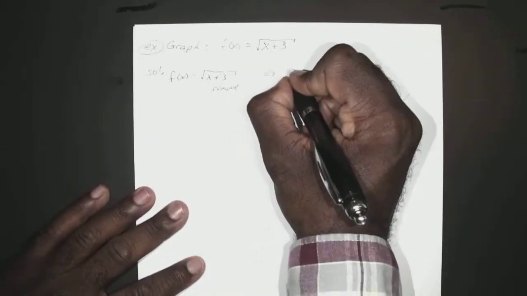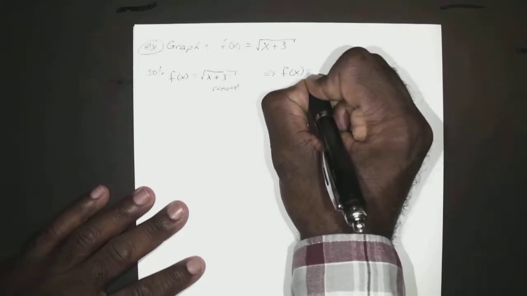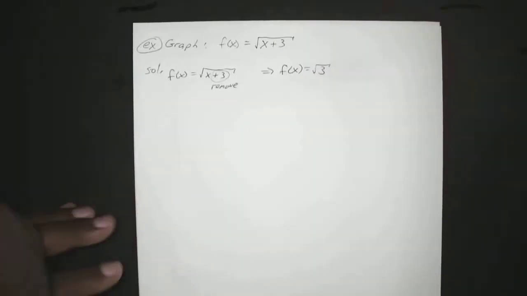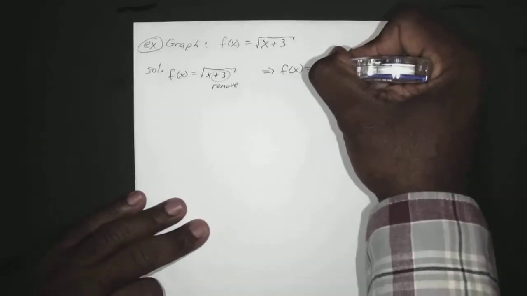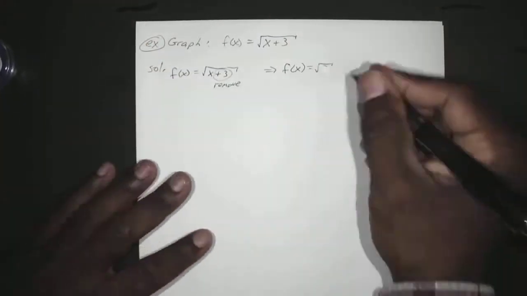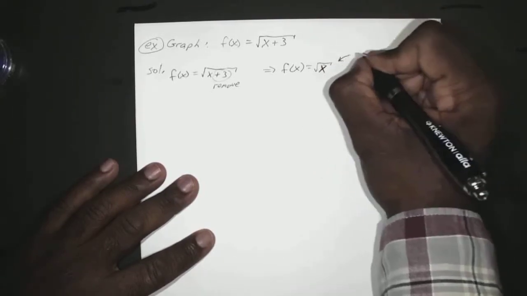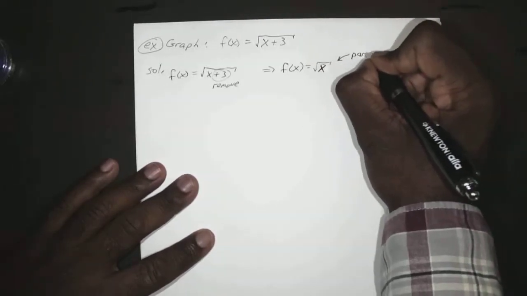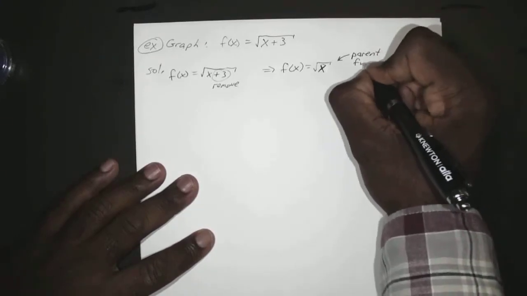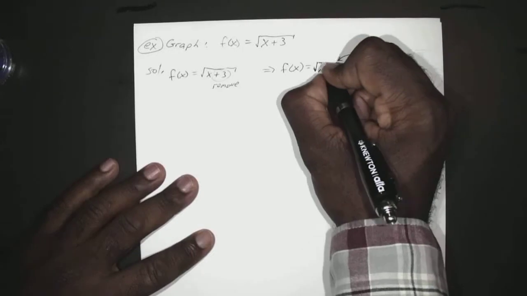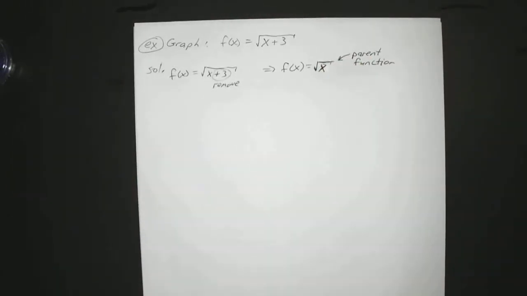Which leaves us with f of x equals square root of x. Which is our parent function. Okay, so that's where everything's going to start from.